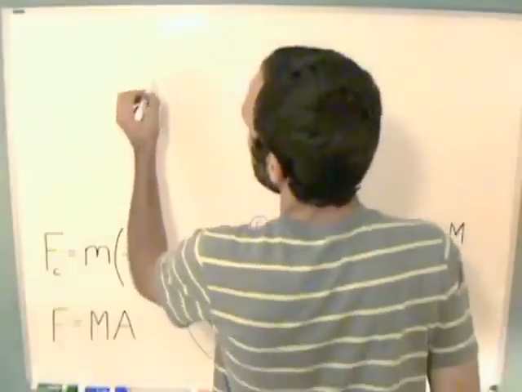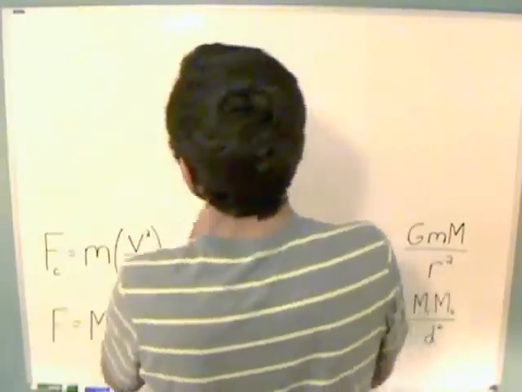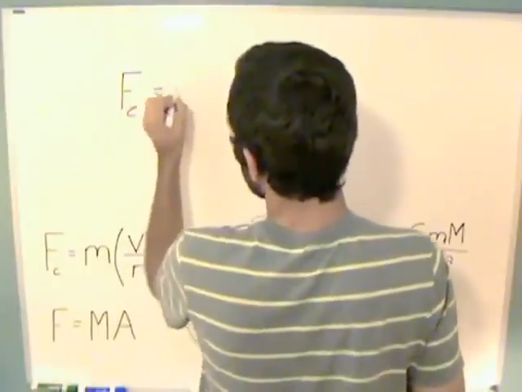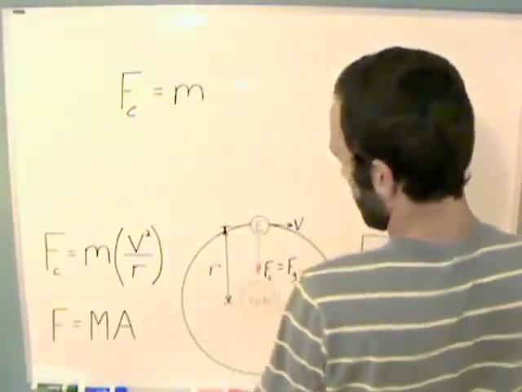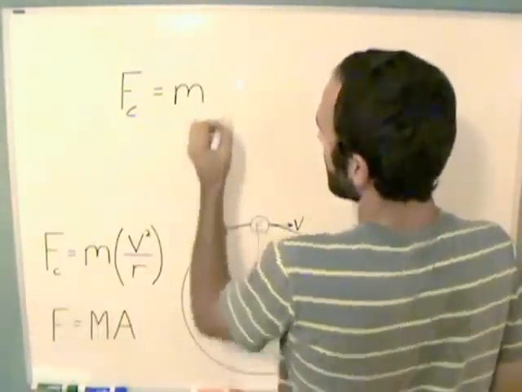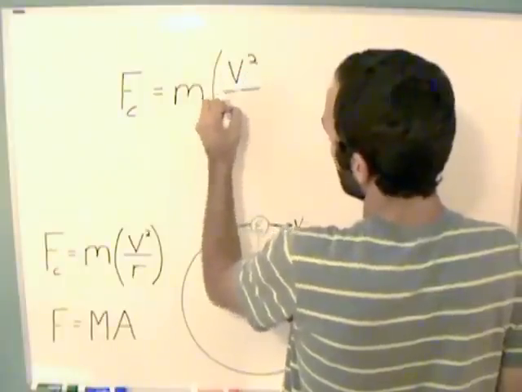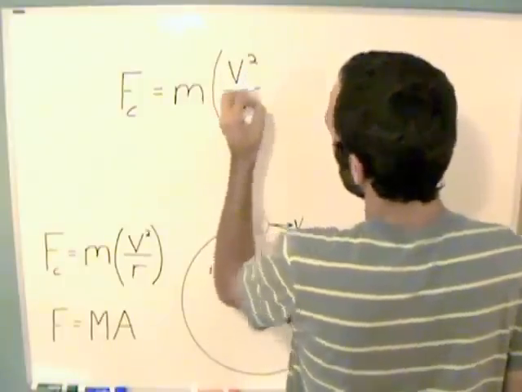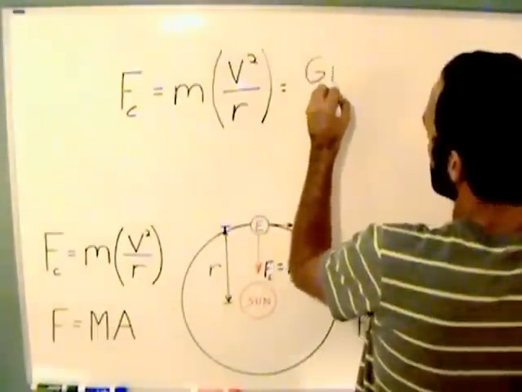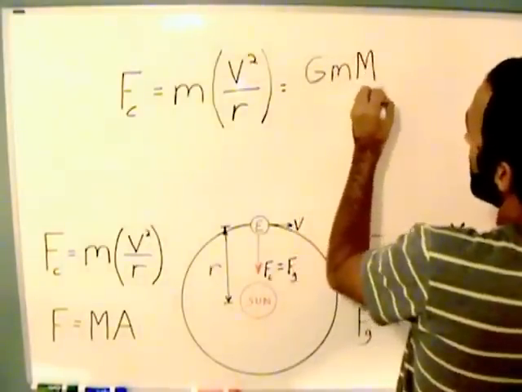You say the centripetal force Fc is equal to the mass of the object orbiting the Sun, which we still have as the Earth here, or Jupiter, or Mars, or whatever you want it to be, times the velocity of that planet, or wandering star, divided by the distance from the Sun, r, is equal to the gravitational constant times the little m, which is the mass of Jupiter, or Mars, or Earth, or whatever, times big M, which is the mass of the Sun.